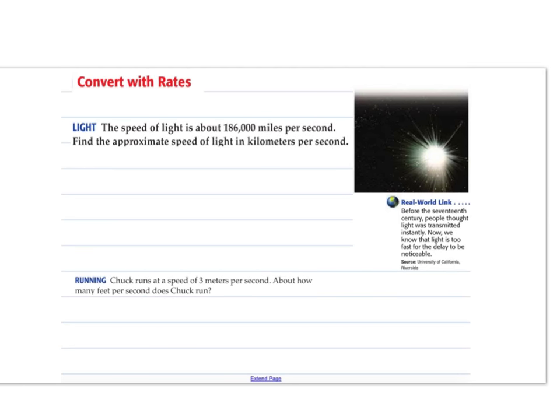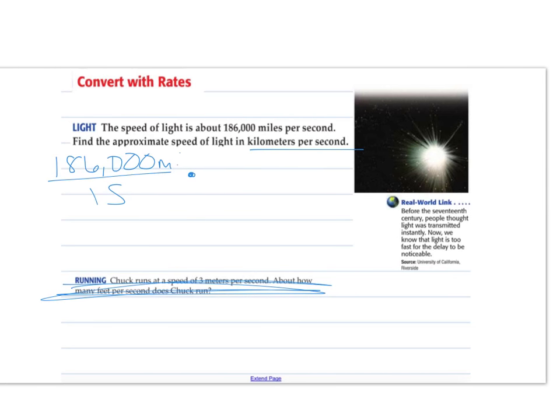Okay, last little bit, convert rates. This is it, I swear. We're going to even skip this one. So again, just converting, just like we said, from a word problem, we are seeing that the speed of light is 186,000 miles per second, and we want that to now be in kilometers per second.